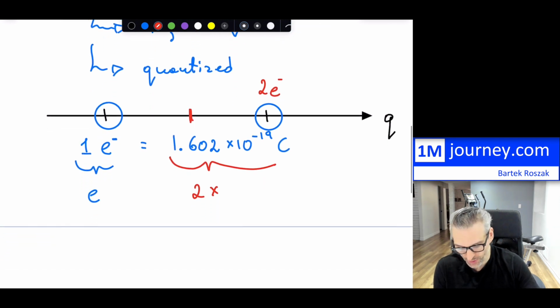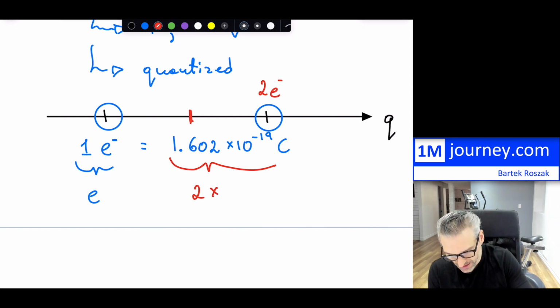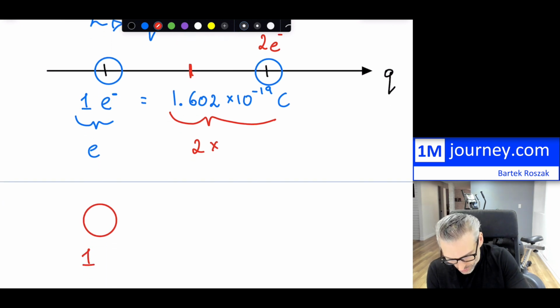Now, please don't think that the charges are only based on electrons. So as we said, there are charges that are positive and that are negative. So we have, by convention, named electrons as the negative charge. And what we've done is we've named protons. So if you have 1 proton, we don't really write 1 proton in this way.